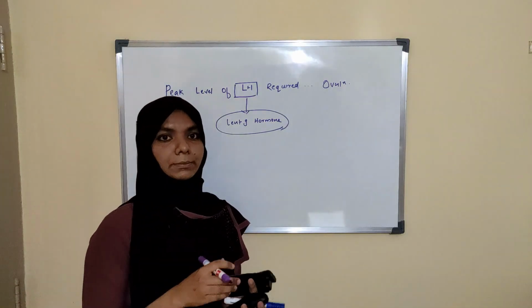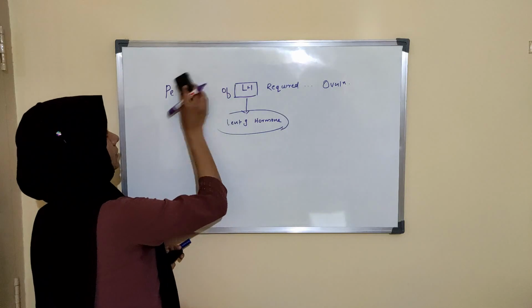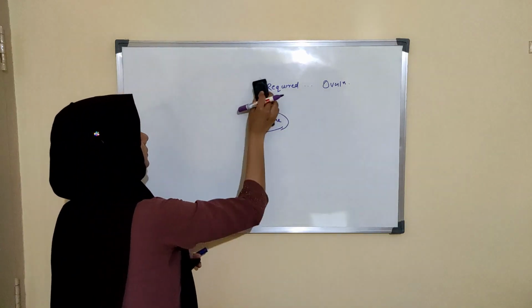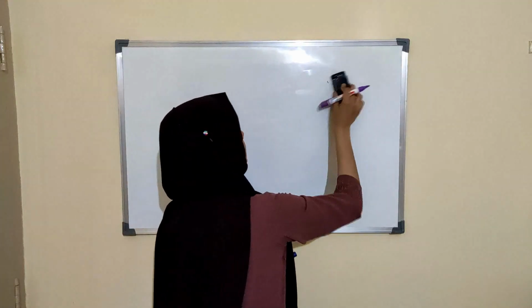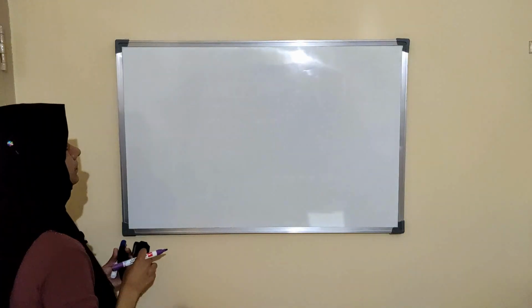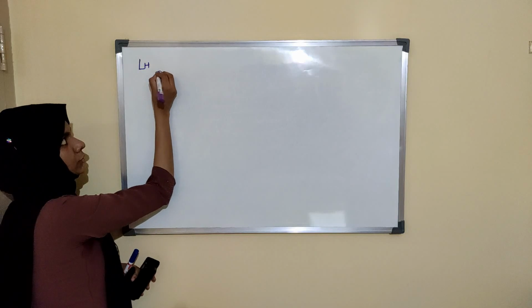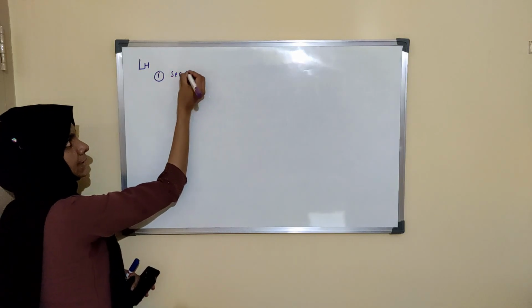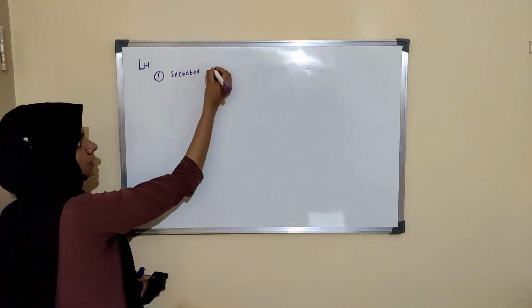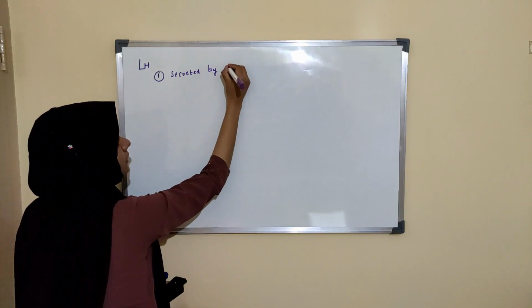Let's see some important physiology of luteinizing hormone. First point, it is secreted by the anterior pituitary.